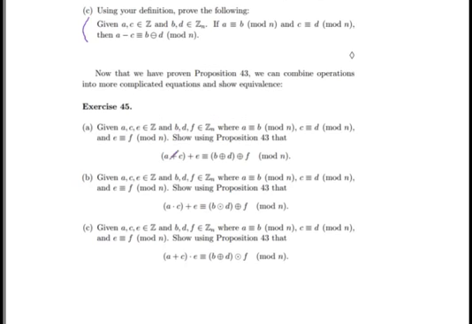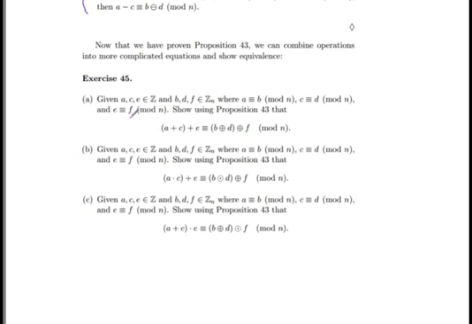All right. Now, this exercise says, let's build on what we have already and do more complicated arithmetic operations. So, for instance, we have the sum of three integers. We can do the same arithmetic using Zn. So you certainly want to use the proposition you showed already to prove this.